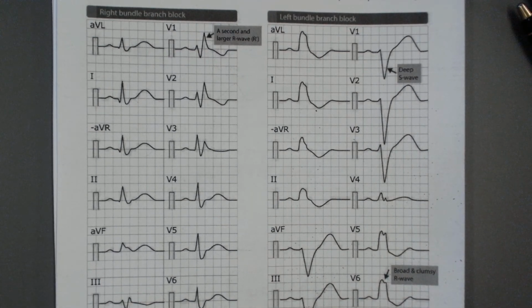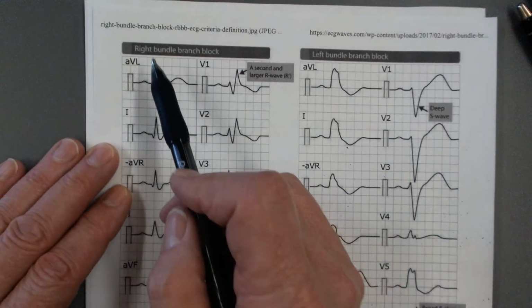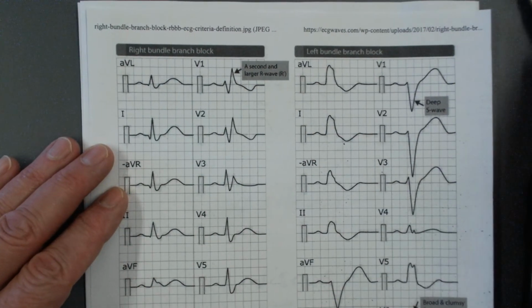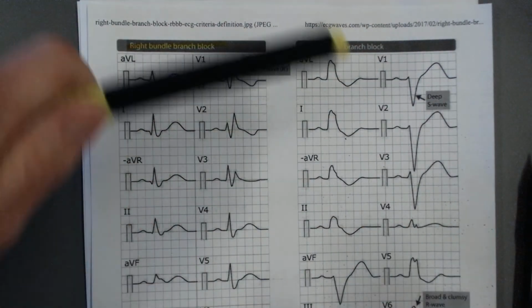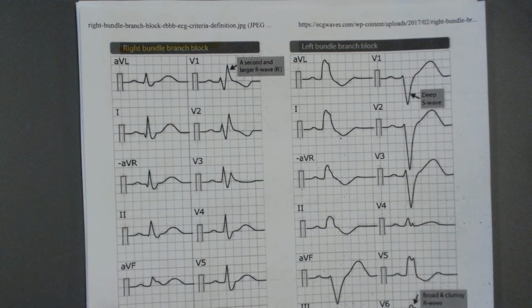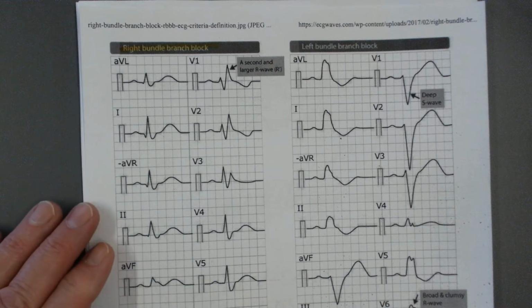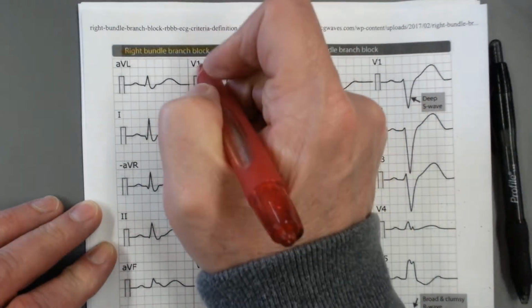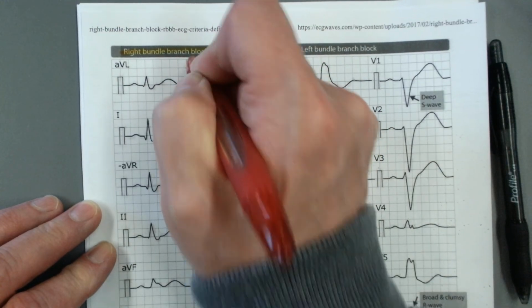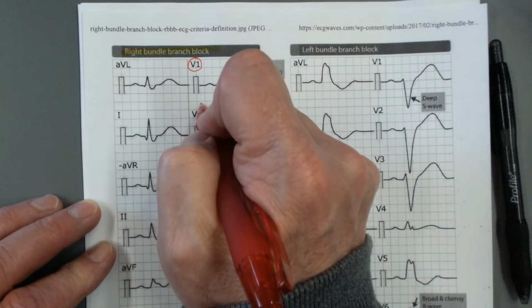So let's take a look first at the right bundle branch block. In the right bundle branch block, you are going to see disruptions in chest leads V1, and then also V2 and V3.